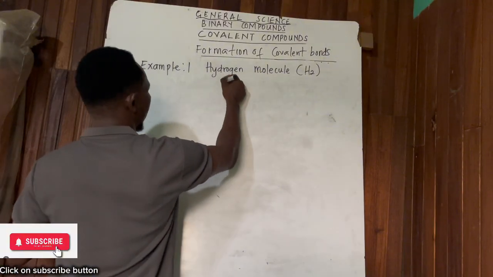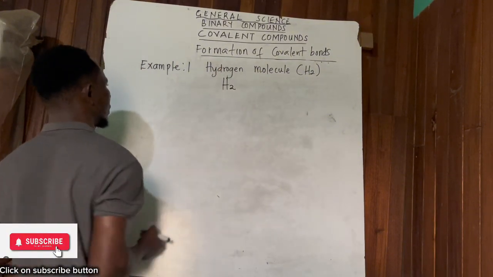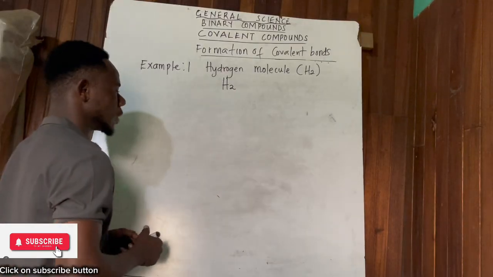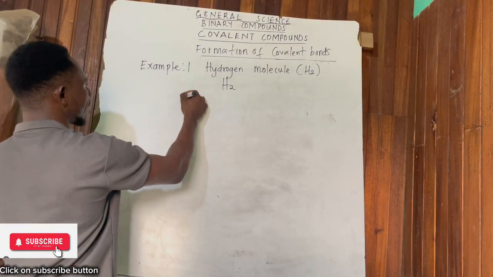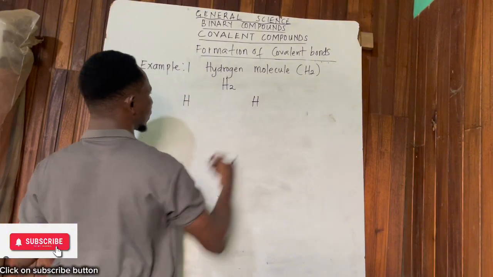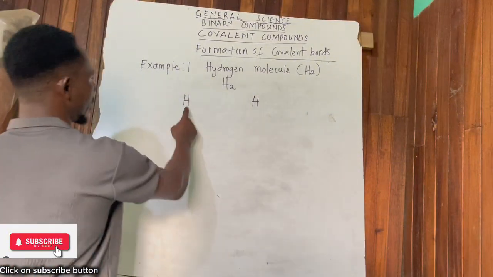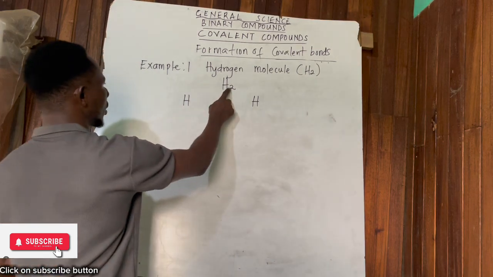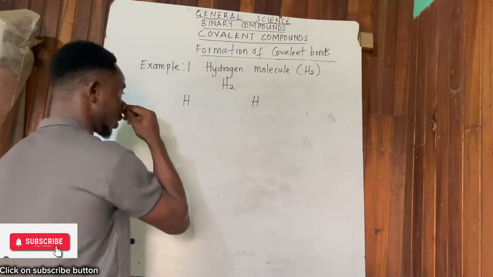Let me write hydrogen gas here. You can see that there are 2 atoms of hydrogen present here. So let's write the first hydrogen and the second hydrogen. There is 1 hydrogen here, there is another hydrogen here, making up 2 hydrogens present.